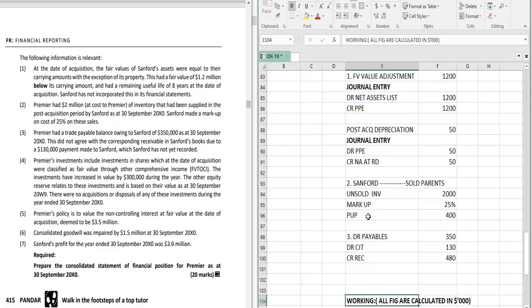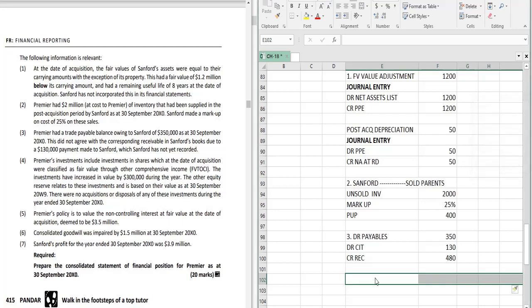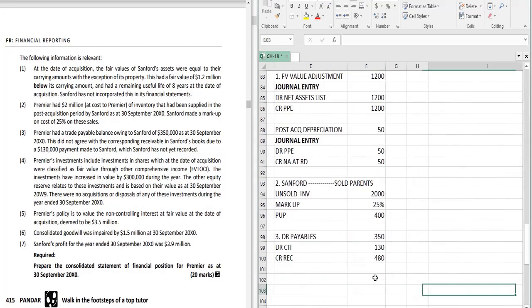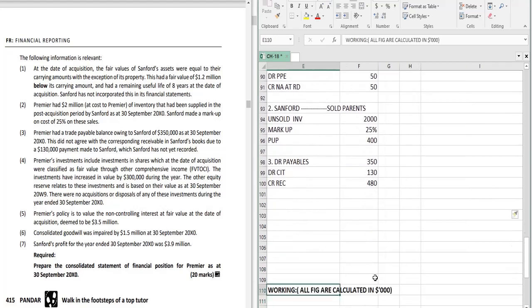Okay, so we will write down here FV of investment, and we will also include this in non-current assets, in investments.